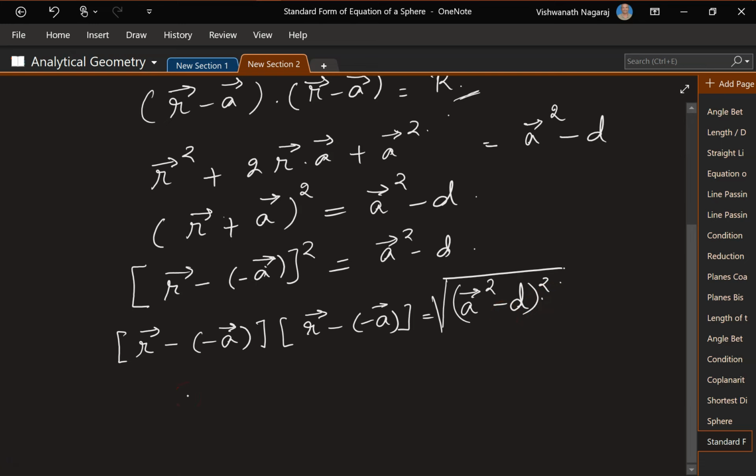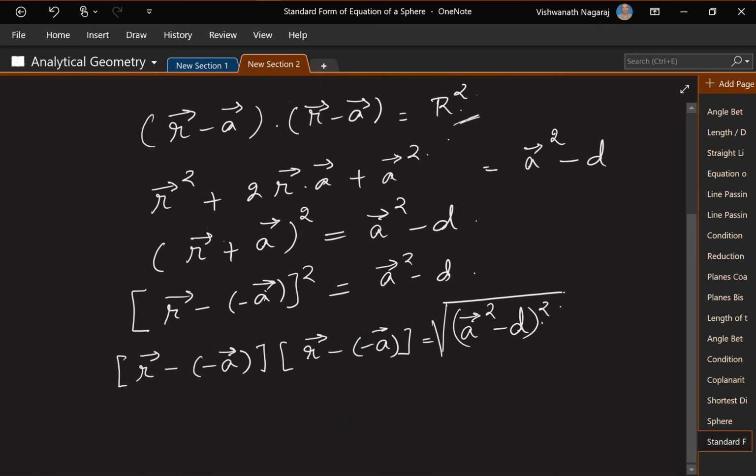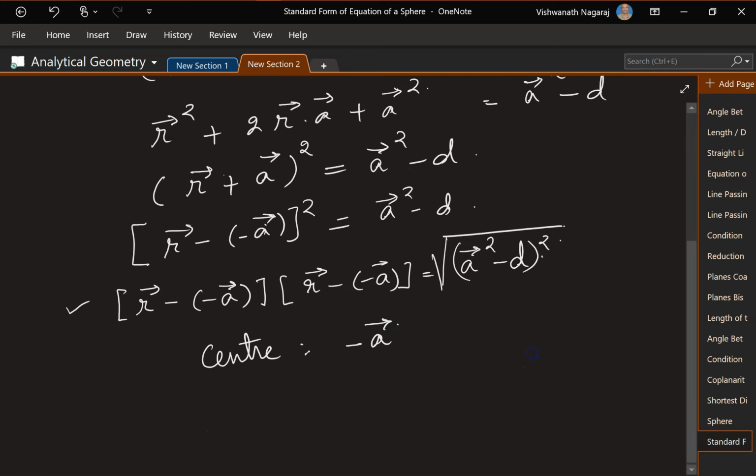Now, if you compare it with the equation of the sphere, what do you notice? You notice that the center of the sphere is going to be minus a, and the radius would be square root of a square minus d.